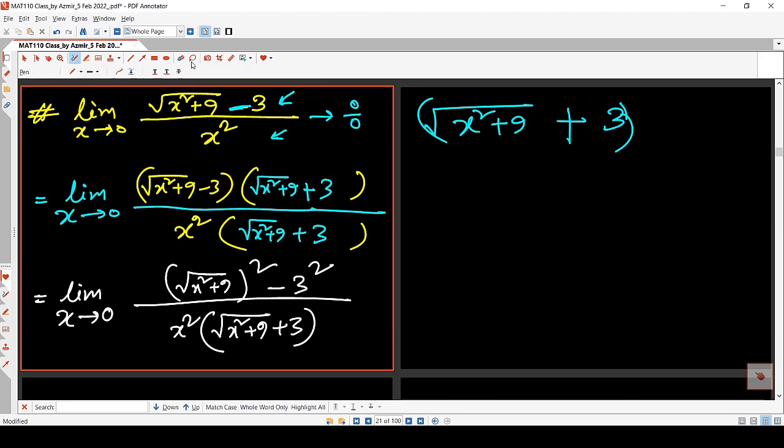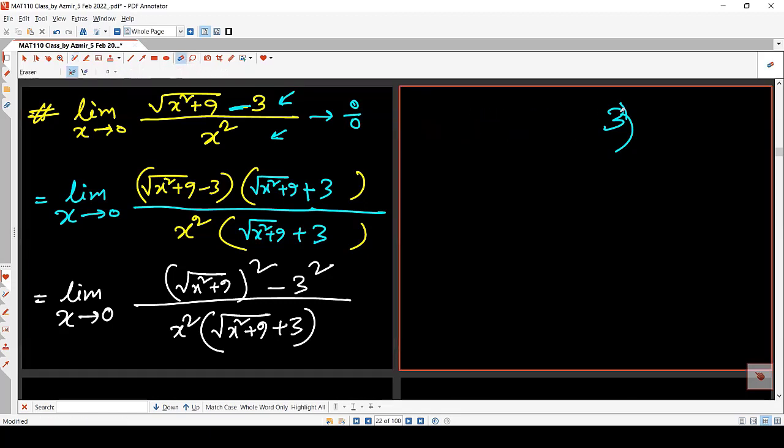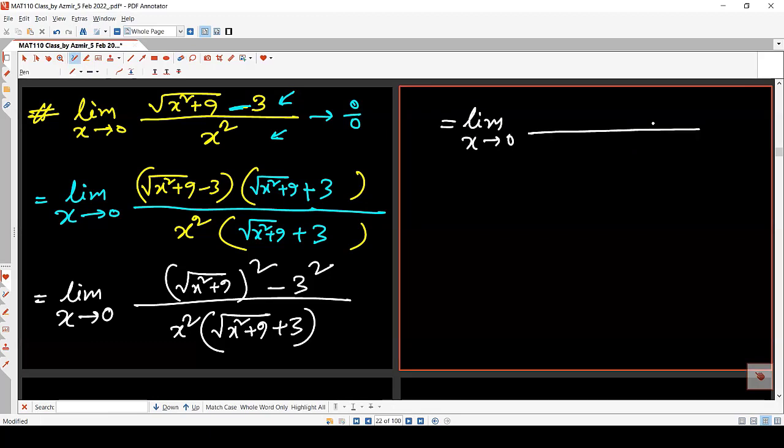So we can write now limit x tends to 0. The reduced part will be only x squared plus 9, negative 3 squared which is 9. And in the denominator, we have x squared times square root of x squared plus 9 plus 3.